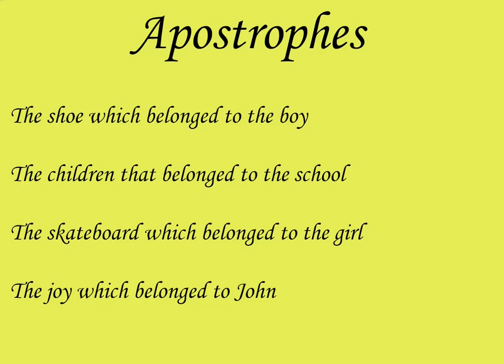So the shoe which belongs to the boy can become the boy's shoe. And I'm using the apostrophe S here on our noun of boy, the person who is possessing, to alter the whole phrase here.